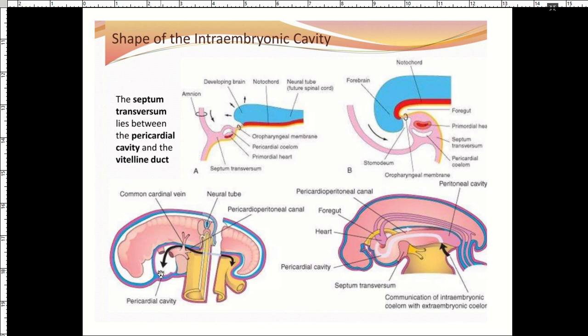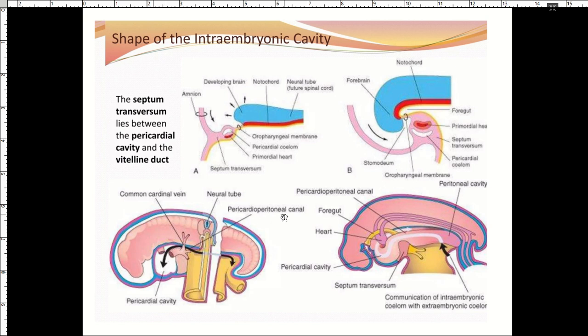So what is going to happen is this: you appreciate that this is your heart tube in the pericardial cavity, right? And this arrow is referring to those canals. Remember those canals that I showed you. They are called the pericardioperitoneal canals because they allow communication between the pericardial cavity and the peritoneal cavity.